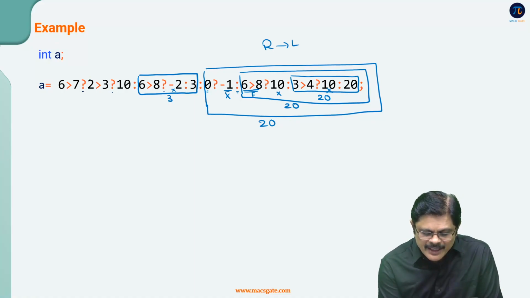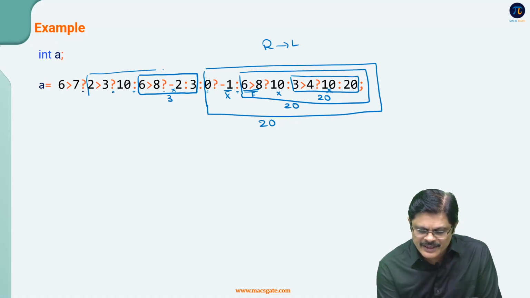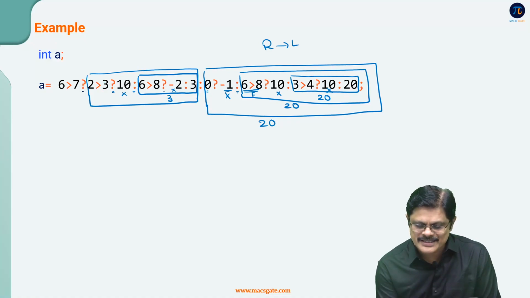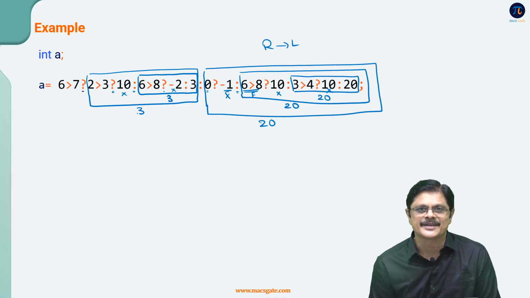For this colon, this is the question mark. So, up to here is the statement. Now 2 greater than 3 is false, so this is ignored, and 3 is assigned, because the answer for this was already evaluated. This expression's answer is 3.